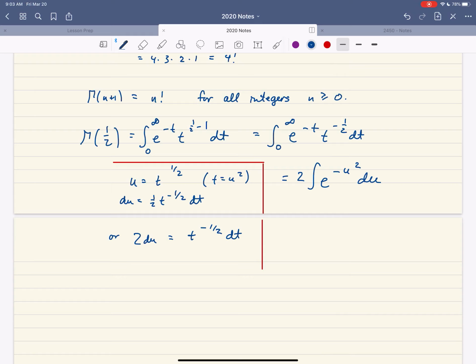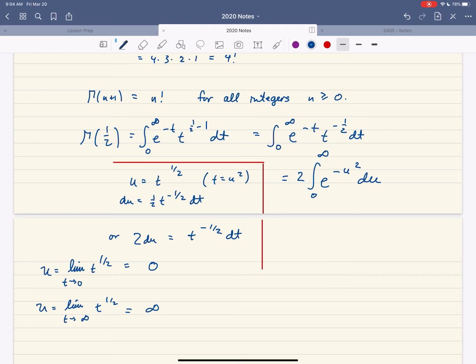And then I want to think about what happens to u as t goes to 0 and to infinity. This is t to the 1/2, just the square root of t. So as t goes to 0, this is 0, and as t goes to infinity, this still goes to infinity. So the bounds actually stay the same.